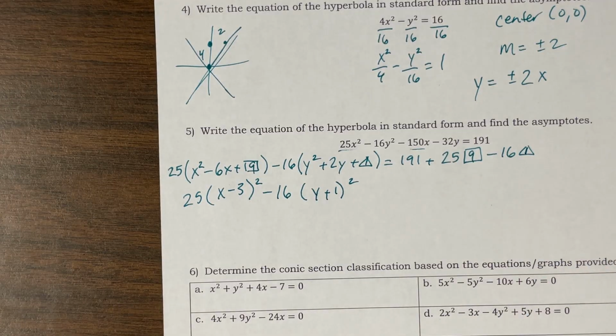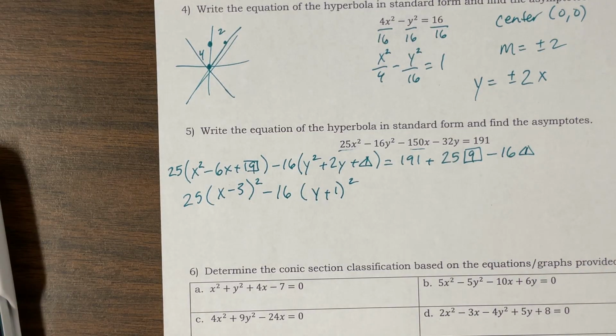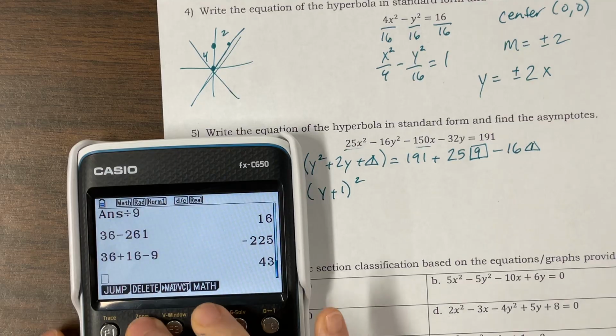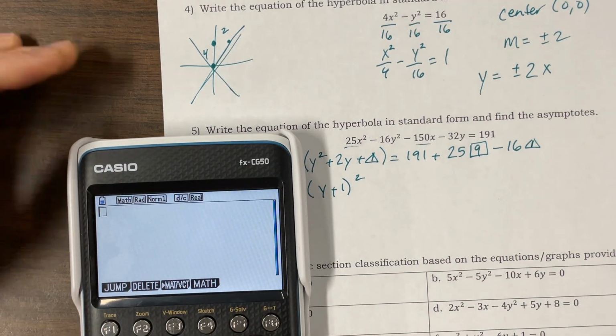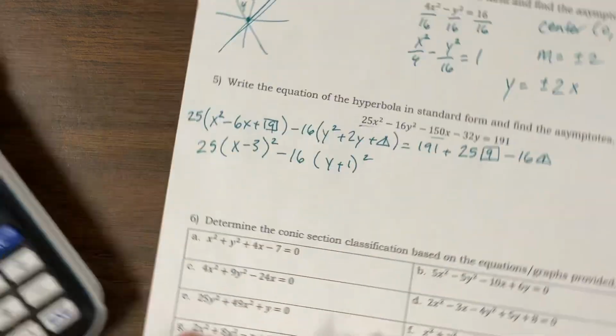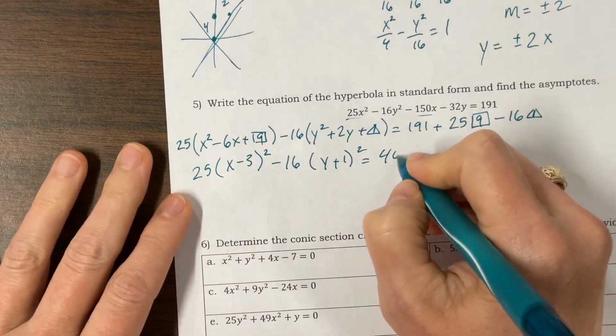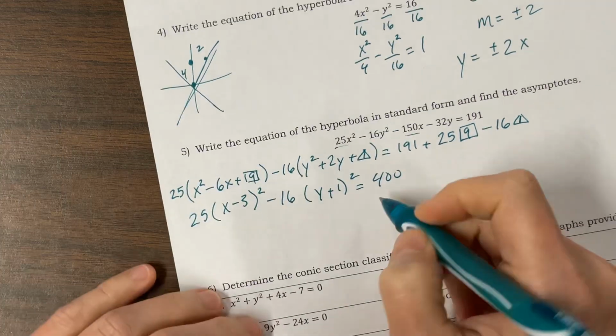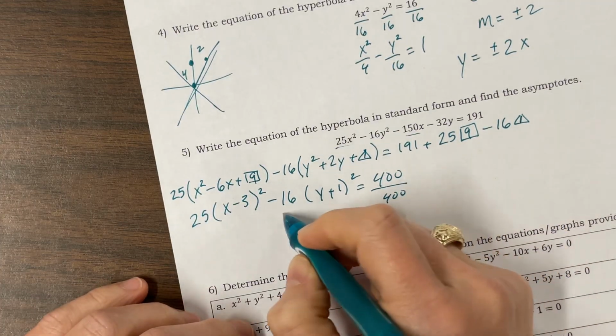Okay, and I don't really feel like doing arithmetic in front of you. So I see a 191 plus, if I have 9 quarters, that's 225, but I'm just going to make sure that times 9 minus 16. Okay, and that's 400, which makes sense actually. So then I'm going to divide everybody by 400.